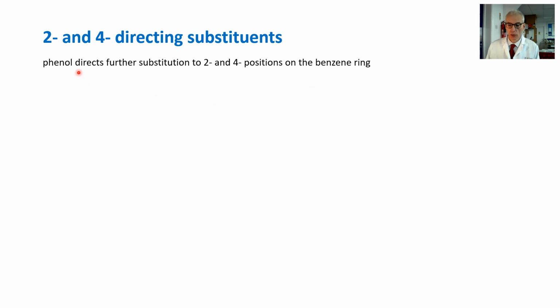Phenol, which we have just been discussing, directs further substitution to positions 2 and 4 on the benzene ring. So here's a nitration you have met, the nitration of phenol. Can you propose products for that nitration? 1-to-1 ratio. So propose products. Pause, come back when you are ready to compare against my answers.